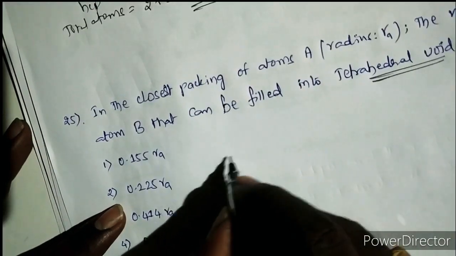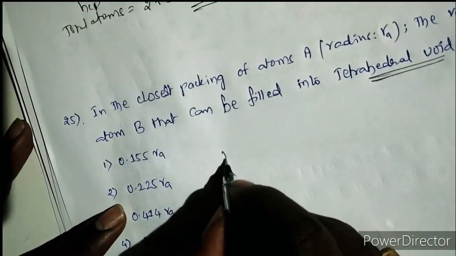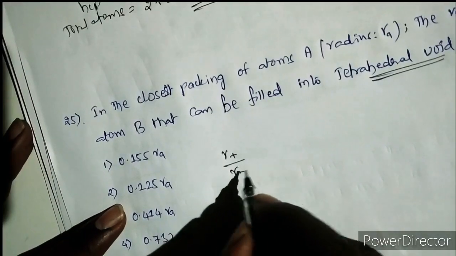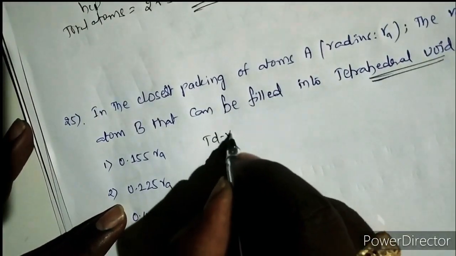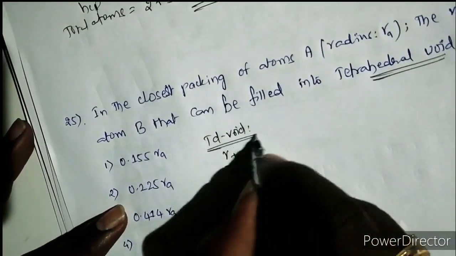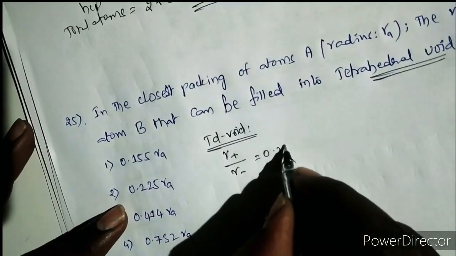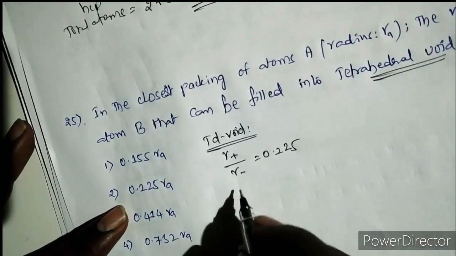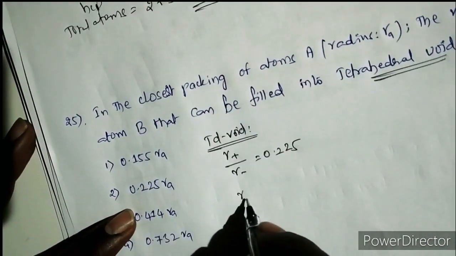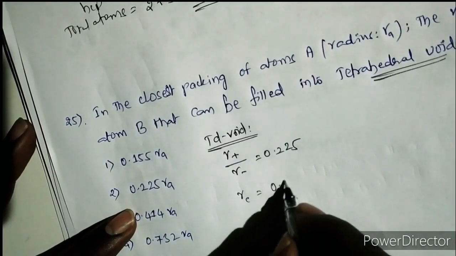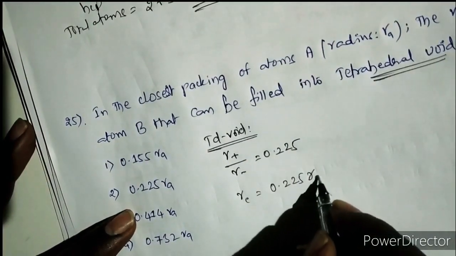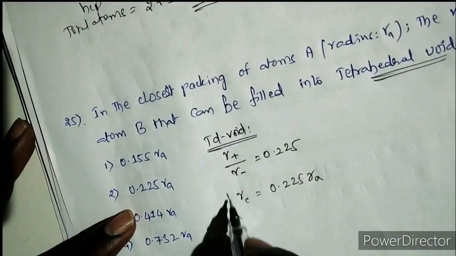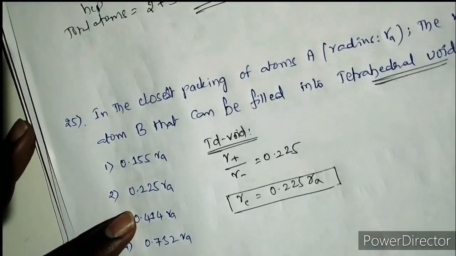For time's sake I will do it like this: the radius of cation by radius of anion for a tetrahedral void is equal to 0.225. So the radius of cation is equal to 0.225 times the radius of anion. I'll bring it to this side. So this is your answer.